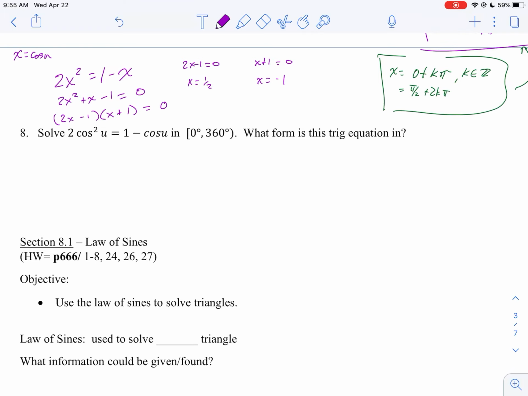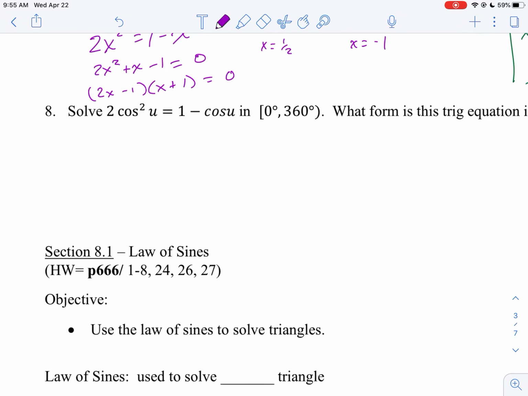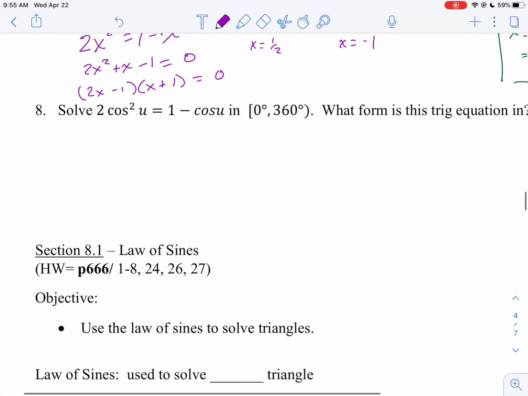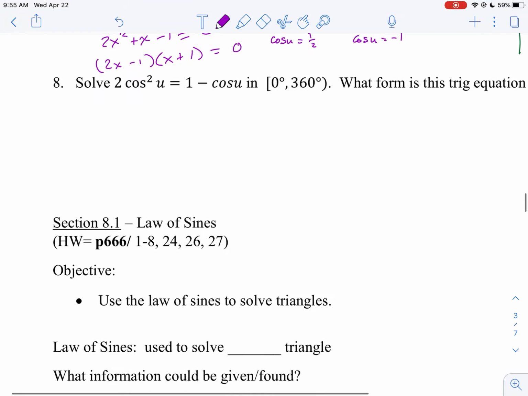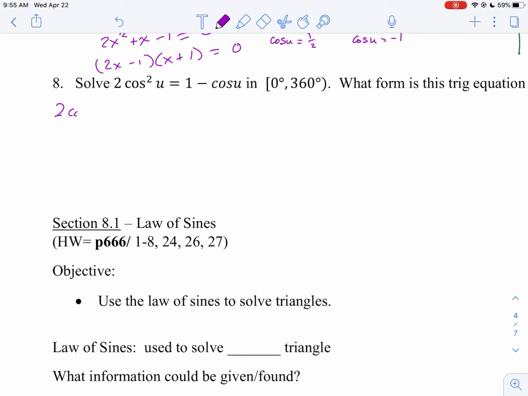And that's exactly what you're going to do with this problem. Same strategy. You can treat it like this, and then substitute, and then come back, where you say cosine u equals 1/2, and cosine u equals negative 1. Or eventually you'll probably not show that, and you'll just do it in terms of cosine. So whatever works for you.